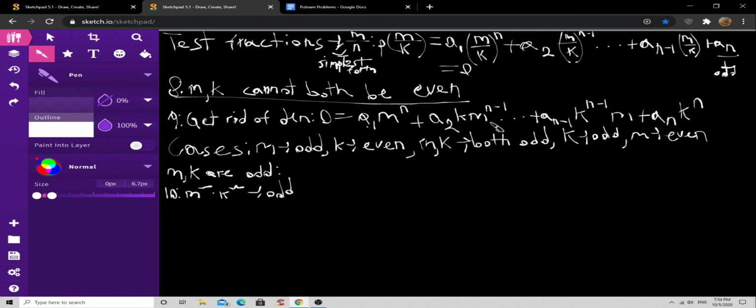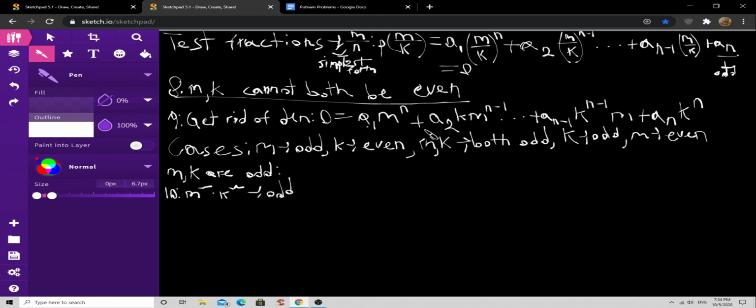So I think my take on this will be that all the terms, since they're an odd number of odd coefficients, for all the odd number coefficients, that will always be an odd number in this case. But if we have an even number coefficient, that will always be an even number.